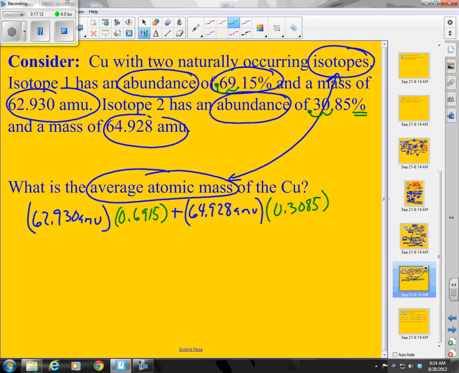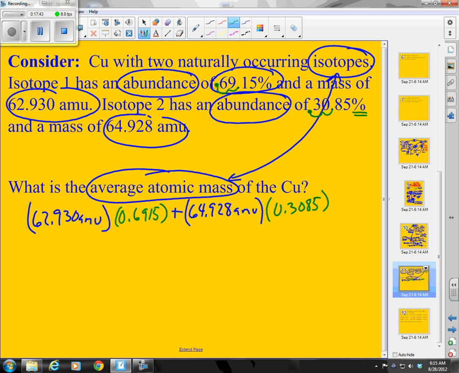Good. So to take up my calculator, I'm going to take 62.93 times 0.6915 plus 64.928 plus 0.3085, and I get a bad number. I got to do that again. 62.930 times 0.6915 plus 64.928 times 0.3085.